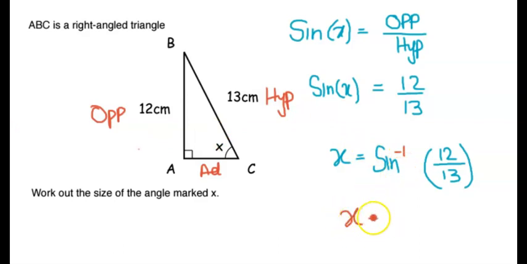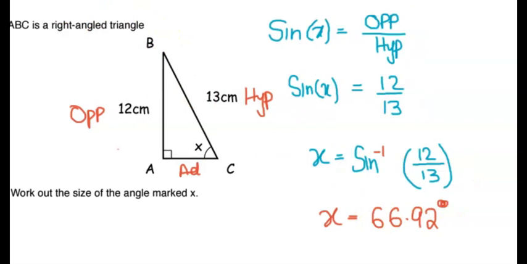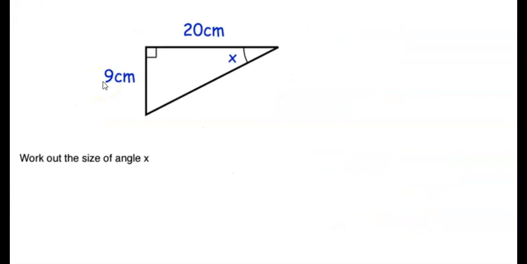You put that and you will get an answer around 66.92, to the closest decimal. So you can call it 67, but it's better to write 2 decimal places if you want to. You will never go wrong.